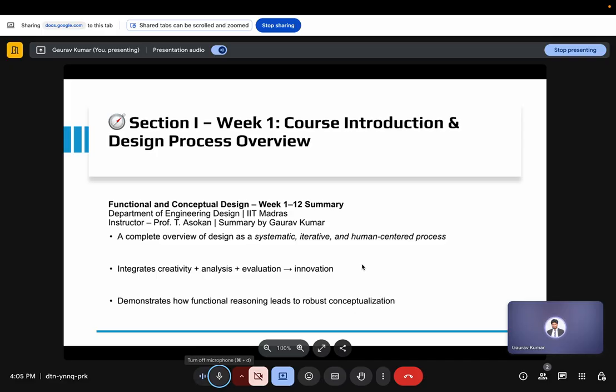It equips you with a transferable playbook for complex product design. Okay, so now moving towards the next slide.